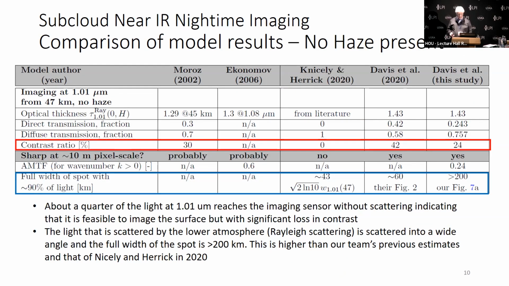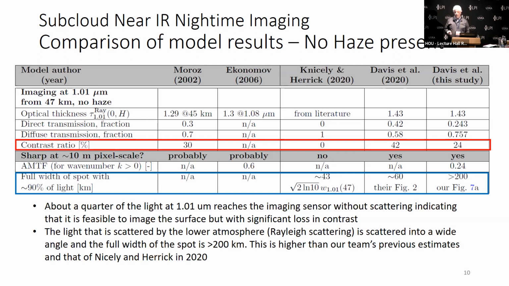So these are some of the highlights of the results. And again, I'm just going to compare the Moroz results with those of Davis et al. So Moroz found that the contrast ratio, if you just consider the Rayleigh scattering from the atmosphere, and this is a very thick atmosphere, realize, in this case, at 1.01 micron, the contrast is 30%.